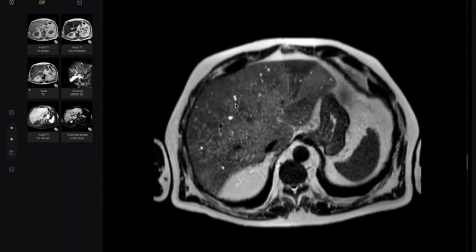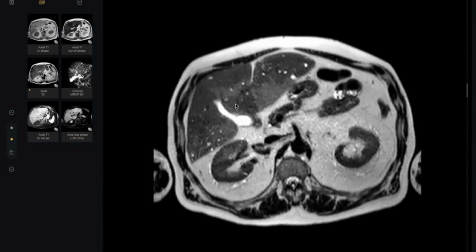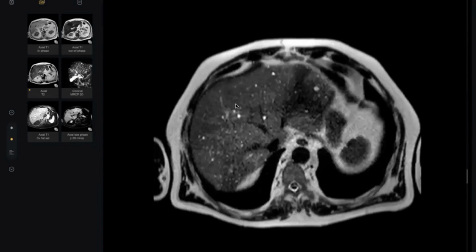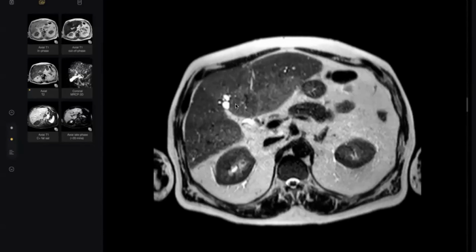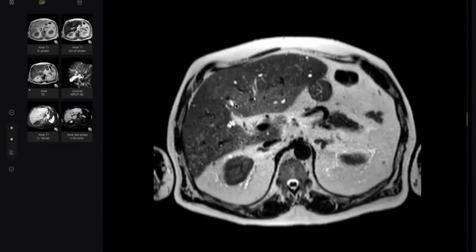On the T2 sequence, there are multifocal small T2 hyperintense cystic lesions in both right and left lobes. These appear very regular in shape and cystic, with no significant soft tissue component. I would request a post-contrast sequence to look for any enhancement in these lesions.